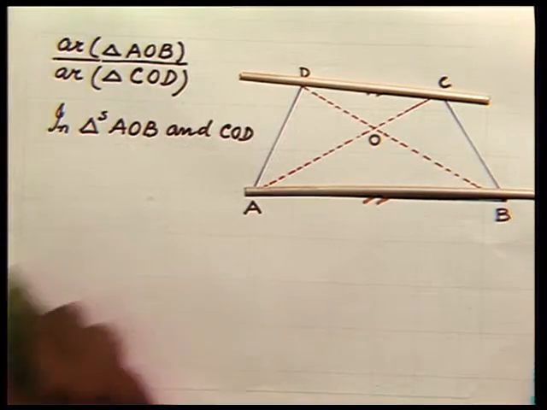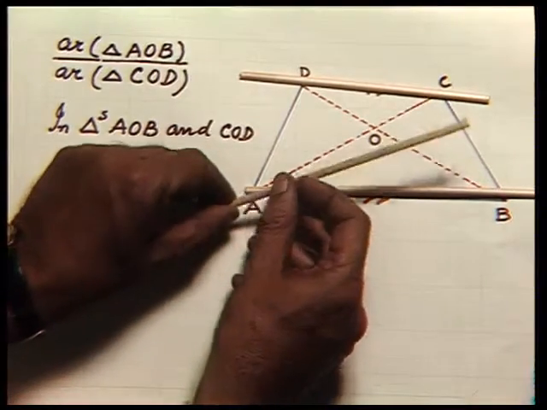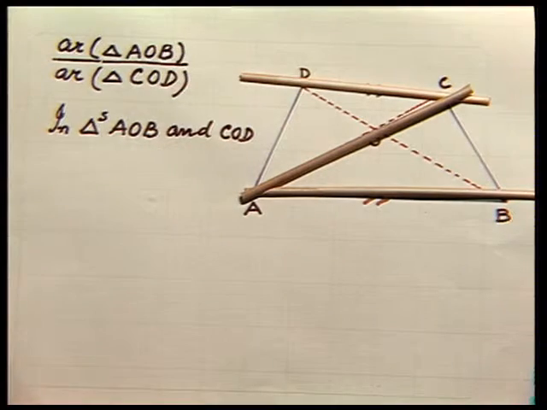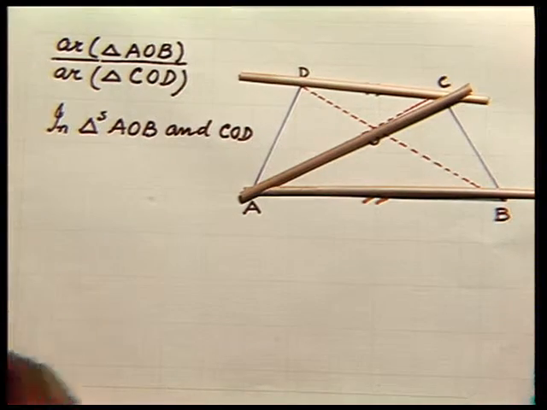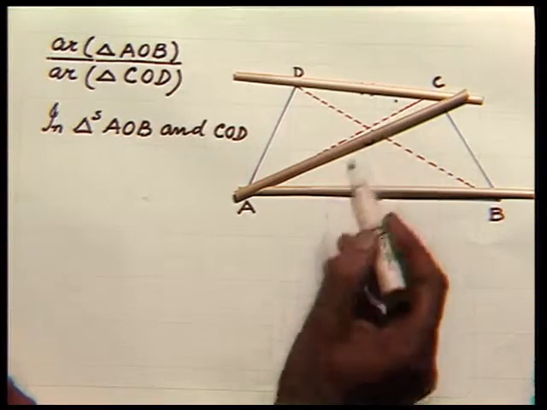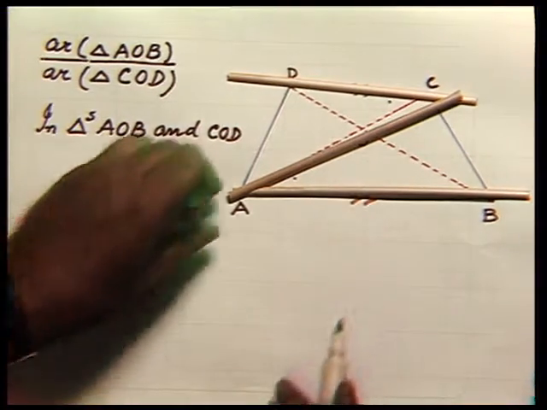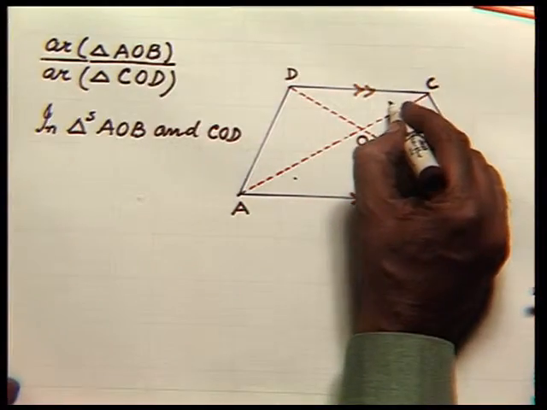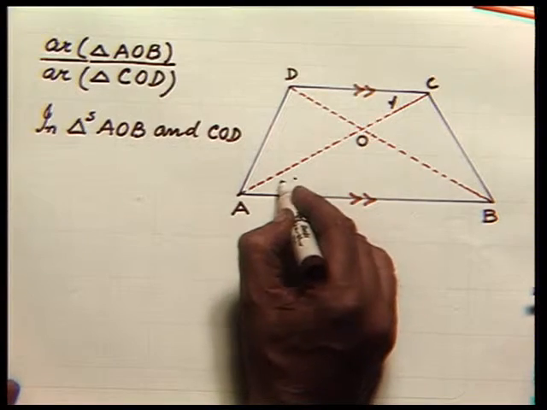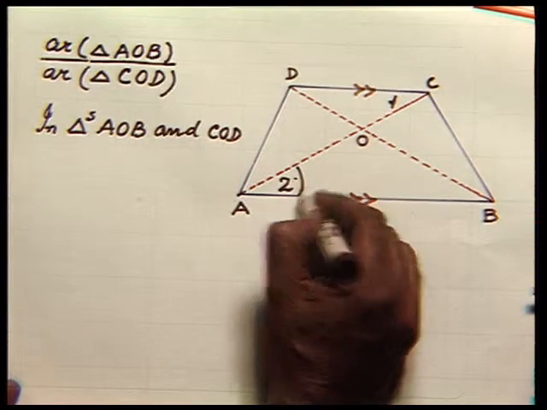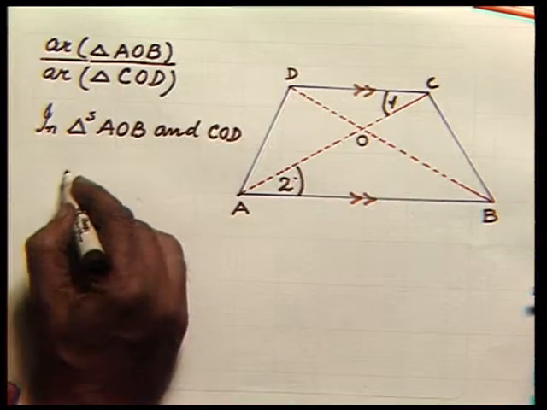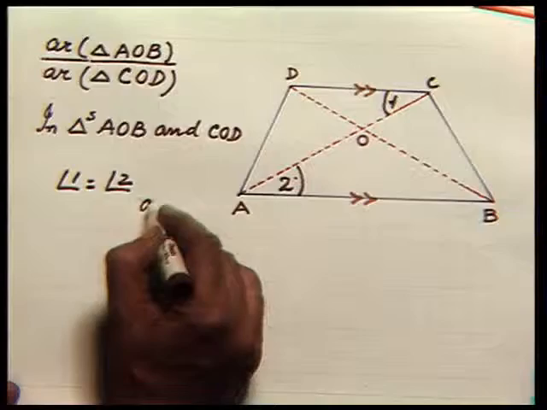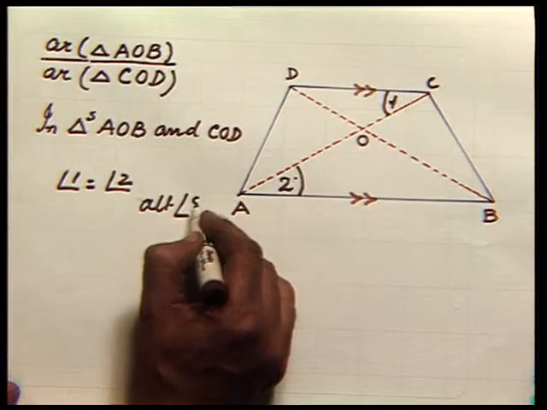AB here is parallel to CD and this is the transversal which cuts them. So, if this is the transversal, then this angle becomes equal to this angle. Let us name this angle 1 and this angle 2. So, angle 1 is equal to angle 2, and these are alternate angles.